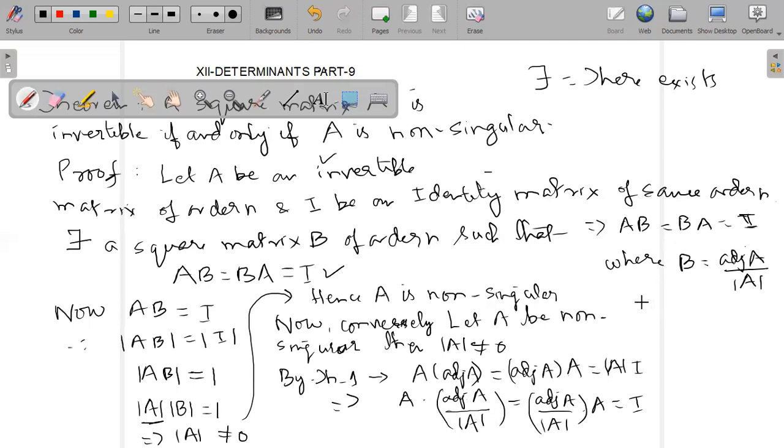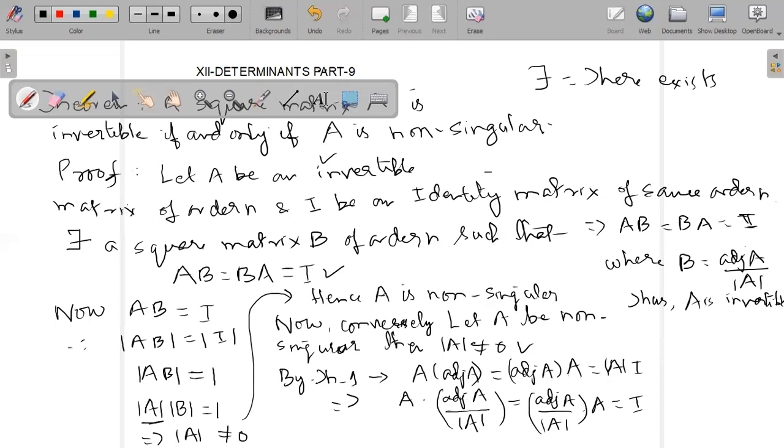Thus A is invertible, because determinant A is not equal to 0 and it is divided by this. So that shows that A is invertible. Okay, so proved A is invertible.